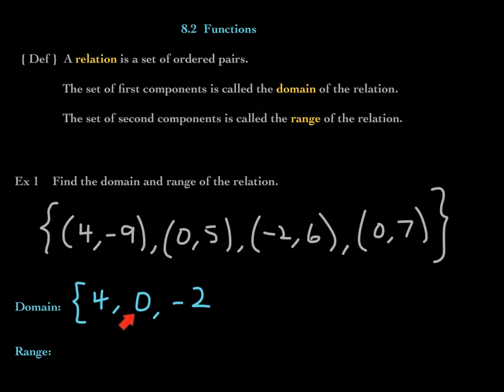But because 0 is already listed, I will not list it again in the set. Once 0 is in the set, it's in the set. So even if 0 appears twice or 3 times or 4 times or whatever, you only have to list it one time. In set notation, you do not repeat an element.